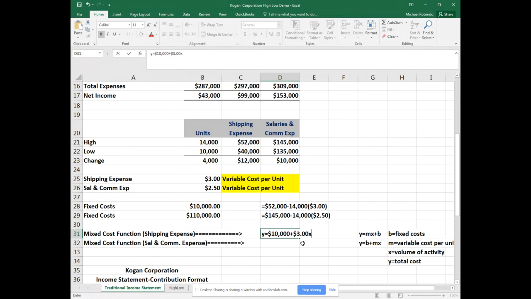We can do the same thing for salary and commissions expense: y equals $110,000, that is our fixed costs, plus $2.50 times our activity level. So that is our mixed cost function.